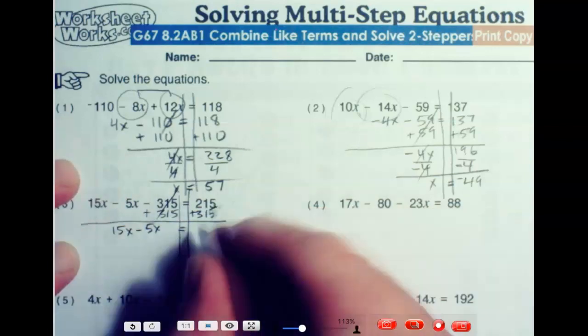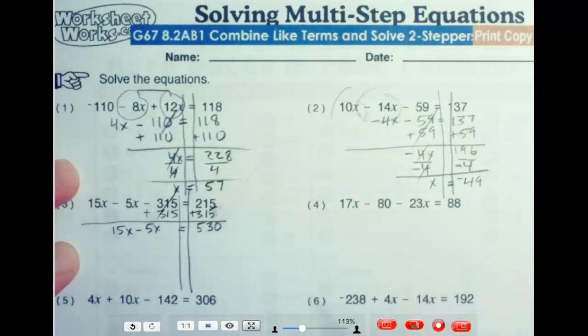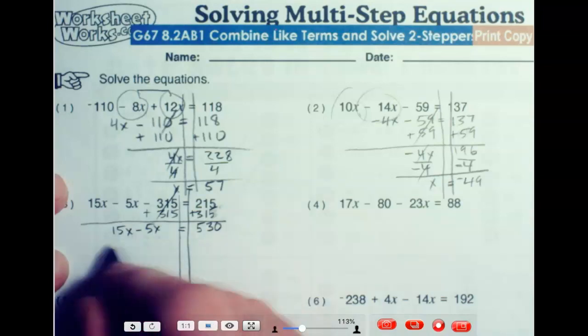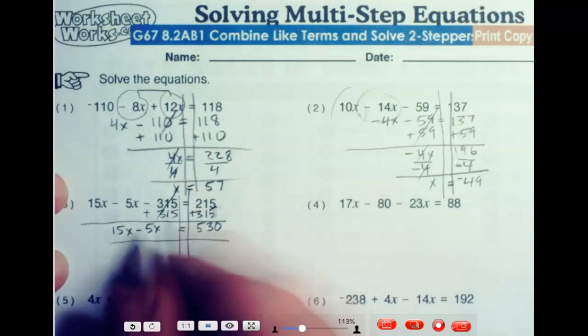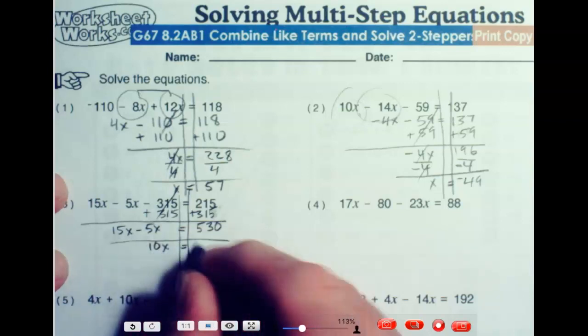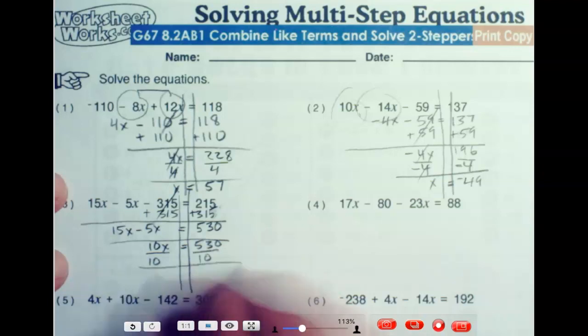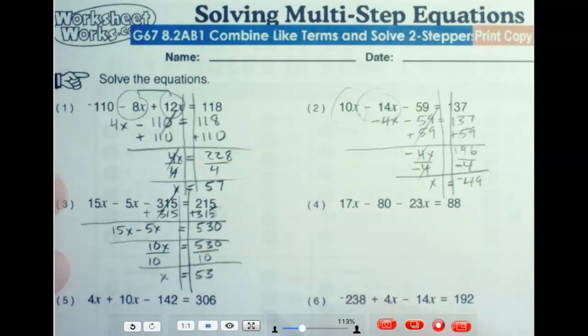It looks like 530. Alright, so then you could combine these terms. You could make this 10x equals 530. You can divide by the 10. You get x equals 53. I just like combining the x's up front. I think it just is a little bit more efficient.